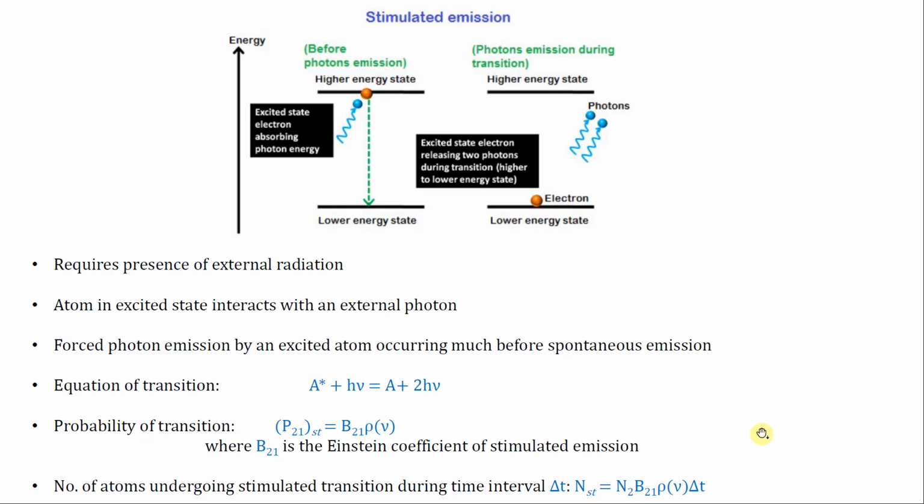Once again I can get the total number of atoms which undergo such stimulated emission for a particular time interval by multiplying the total number of atoms at the excited state with the probability for transition. So N stimulated is N2 into B21 rho of nu into delta t.